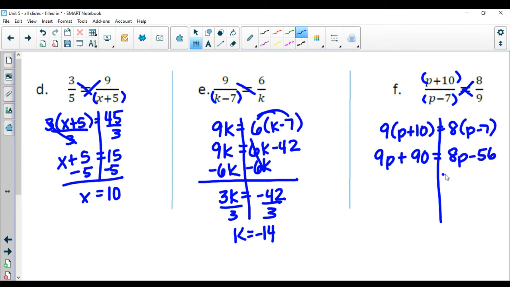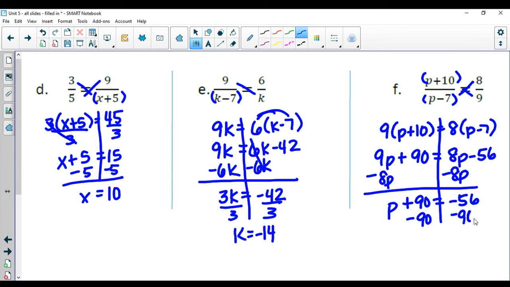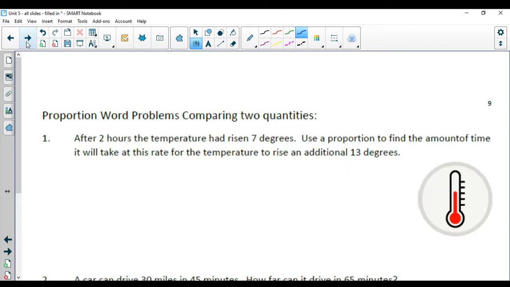Moving the smaller variable, I'm going to move the 8p. 9p minus 8p is going to be 1p, plus the 90 is equal to negative 56. Subtracting the 90 on both sides, I get p is equal to negative 146. That's how you solve proportions.